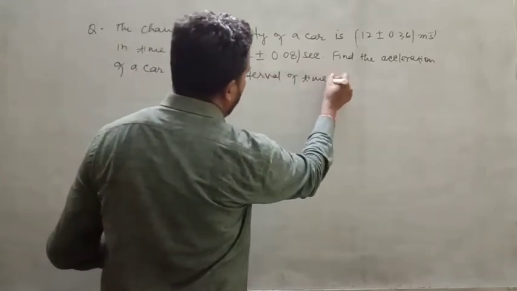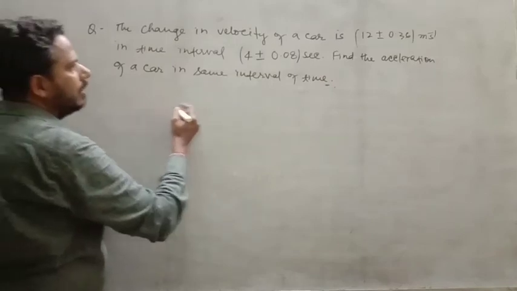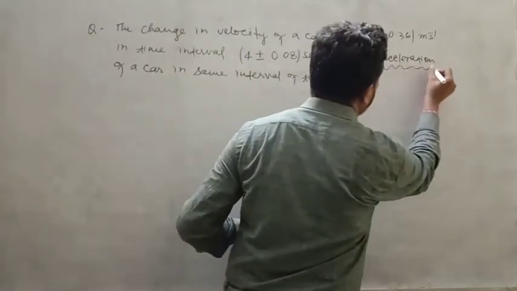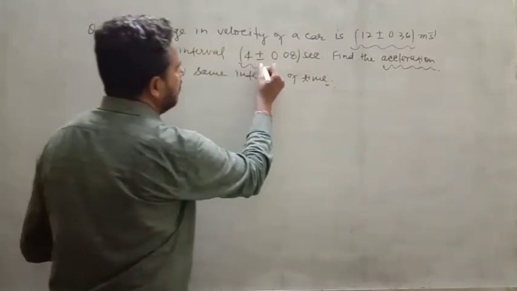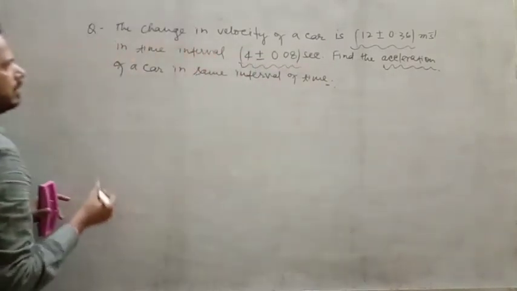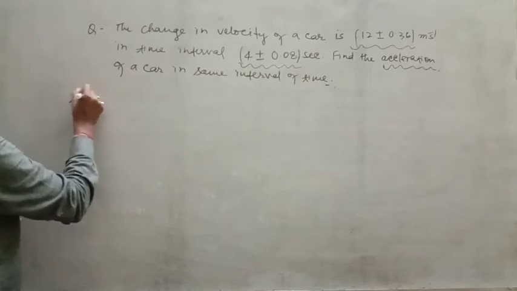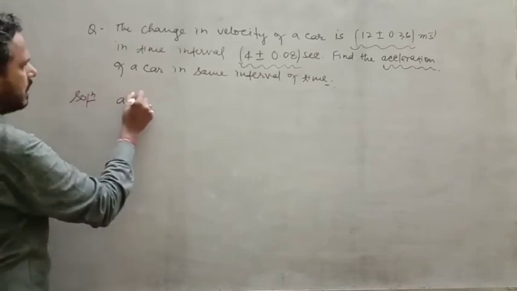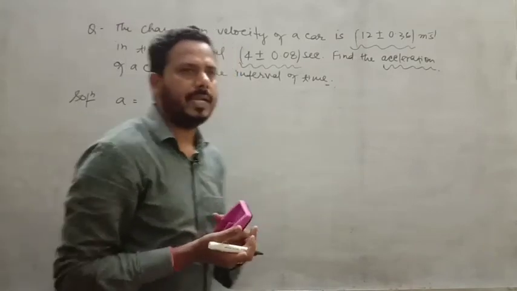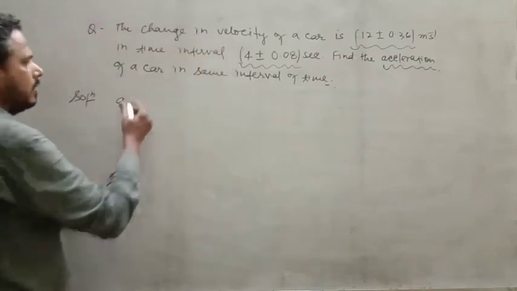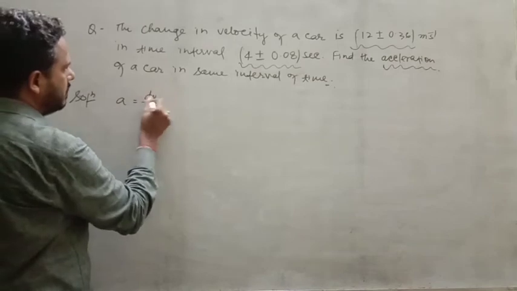So here you have to find acceleration; your velocity is given and your time is given. Make it a solution: acceleration is the rate of change of velocity with respect to time, that is dv by dt. So here you can write dv by dt.